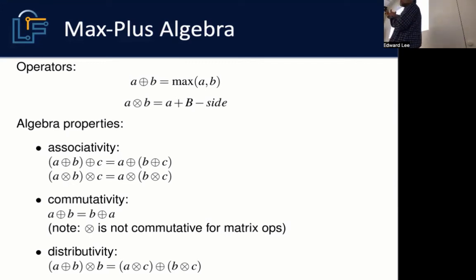So max plus algebra is an algebra that has an addition operation and a multiplication operation. The addition operation between two numbers is defined to be the maximum of those two numbers.